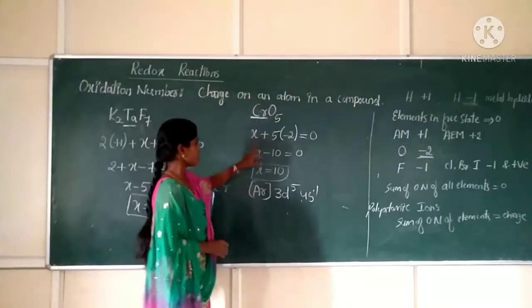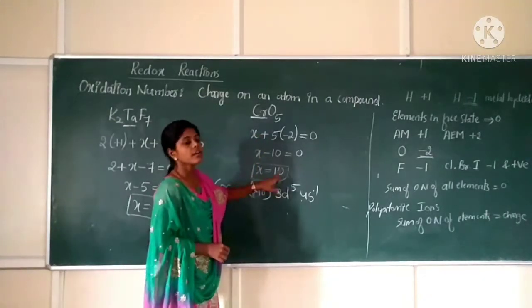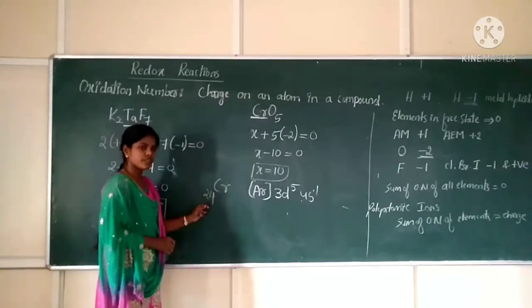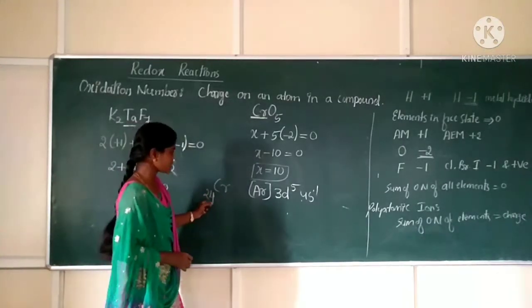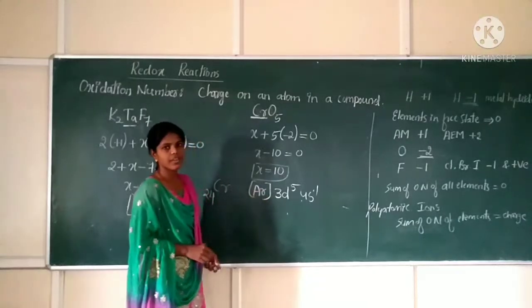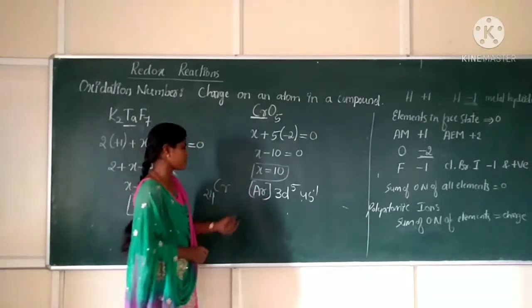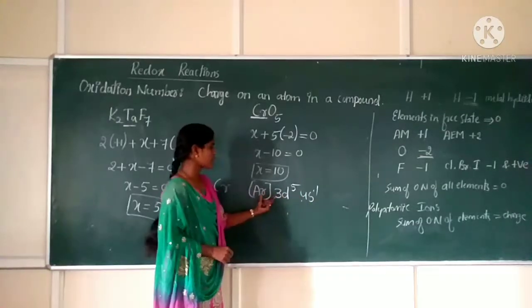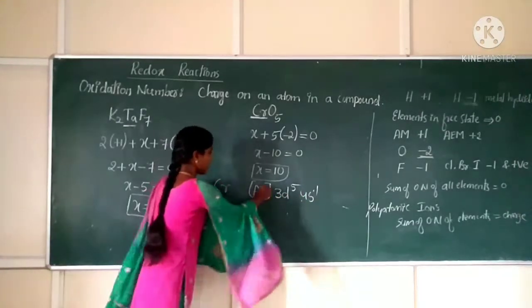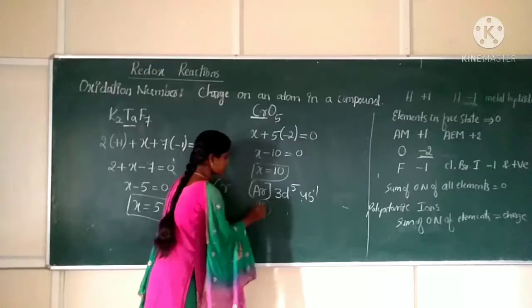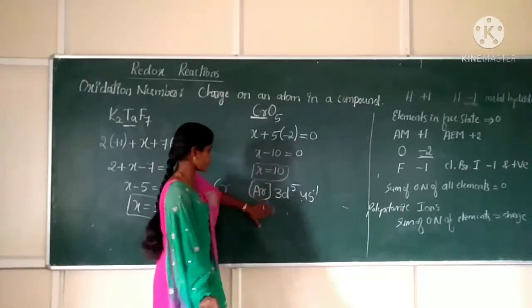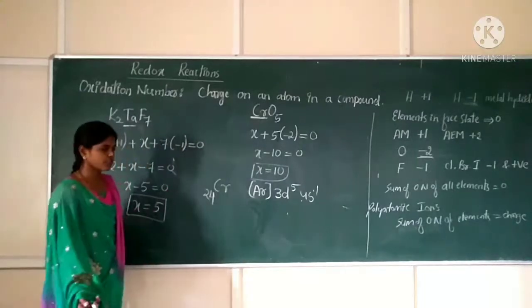Here we are getting oxidation state plus 10, but check whether it is correct or not. 24 means we have to write 24 electrons in the particular shells. Argon's atomic number is 18. 18 plus 5 is 23, 23 plus 1 is 24. So this is the electronic configuration of chromium.